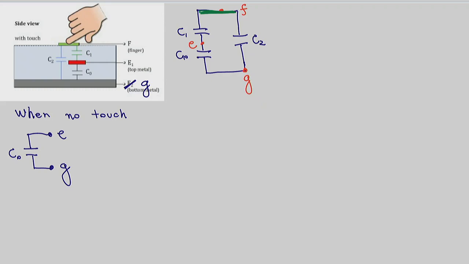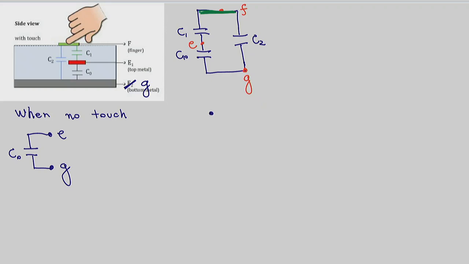Do we know how to solve this? Yeah, we just learned. It's fresh in our memory. So let's redraw this to focus on the terminals that we have access to, which are E and G, and find an equivalent capacitor. I'm going to put node E here.